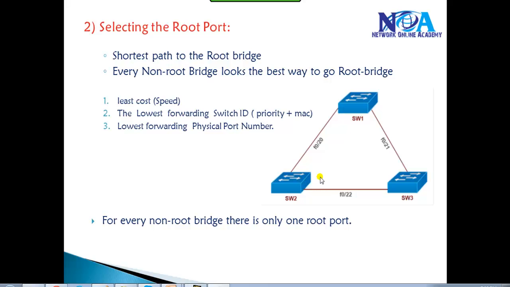Now this is a root port on switch 2, and in a similar way the same thing will be done by switch 3 also. Switch 3 will see that if it goes from here, the cost is 19. If it goes from here, it will be 19 plus 19, which is 38. So it will say that this is the shortest path, and it will mark this port as a root port. So every non-root bridge will have one root port.